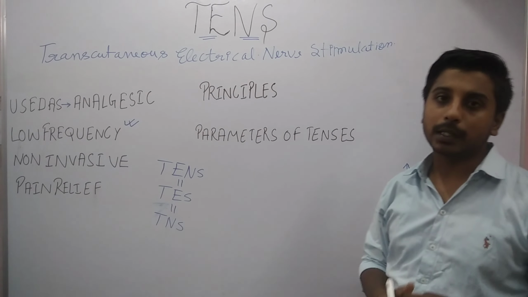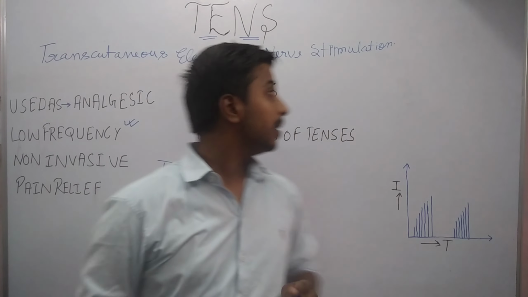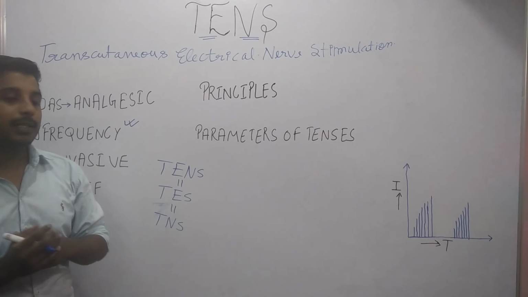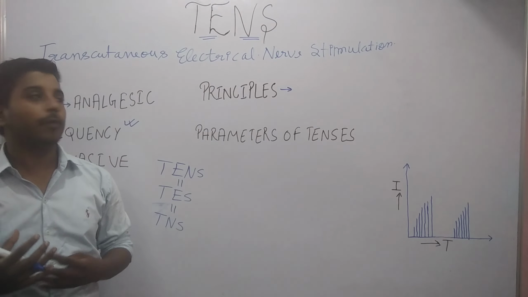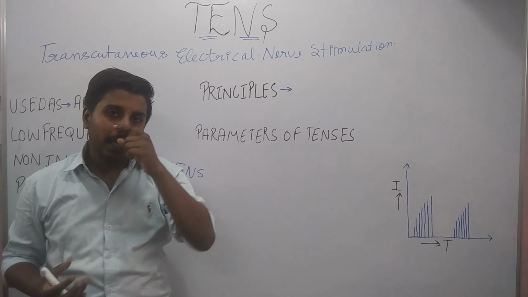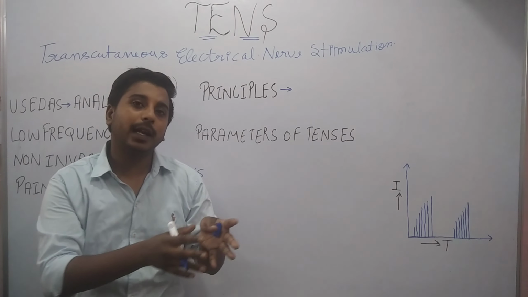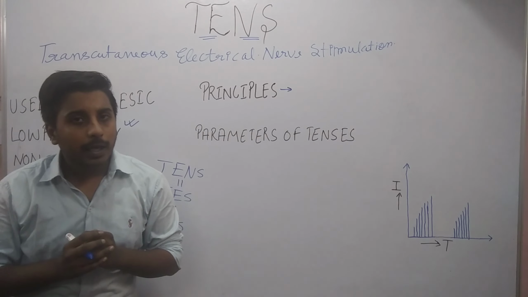Then we will move toward the principle. The main principle of TENS is the stimulation of nerves. In nerves, you will say either they are afferent or efferent nerves.